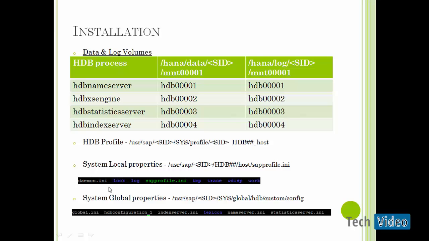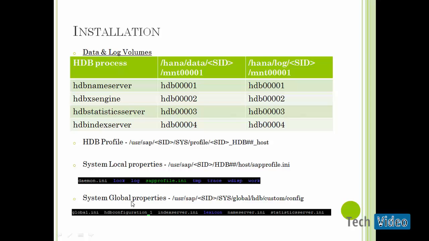Daemon will have information about the services that are installed, the processes that are installed. TMP will have temporary files. Trace will have traces. wdisk will have some configuration files. Work will have some working logs. Trace will have all sorts of traces in HANA DB.